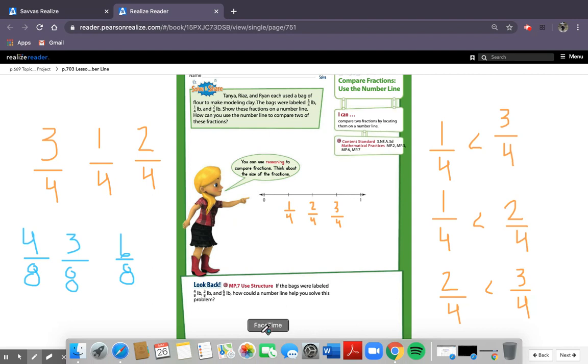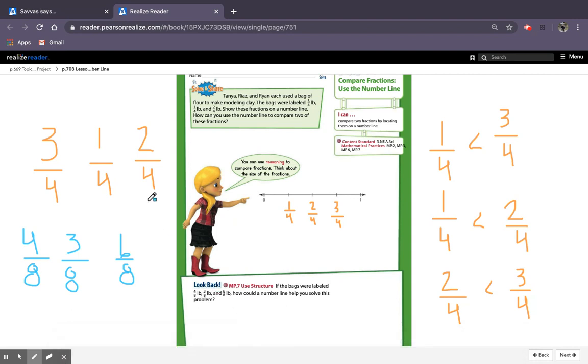I could make a number line from 0 to 1, and then divide it into 8 equal spots, just like this number line is divided into 4 equal spots. Then I would label where 4/8, 3/8, and 6/8 belong, underneath the little dash marks I would draw.